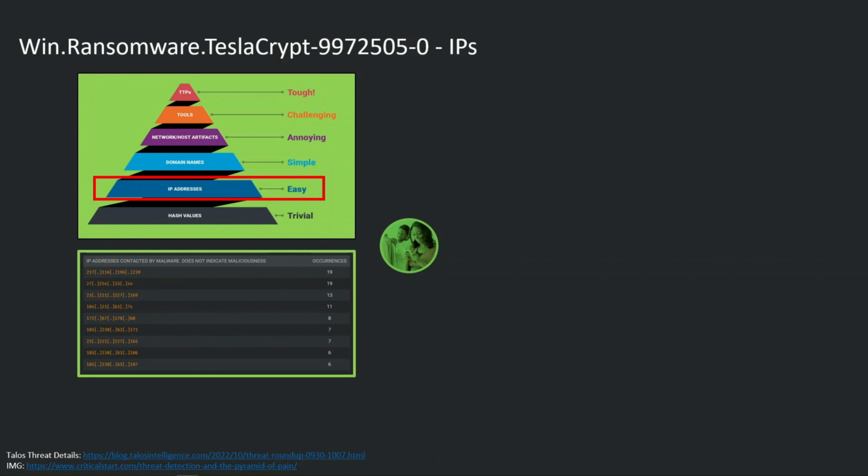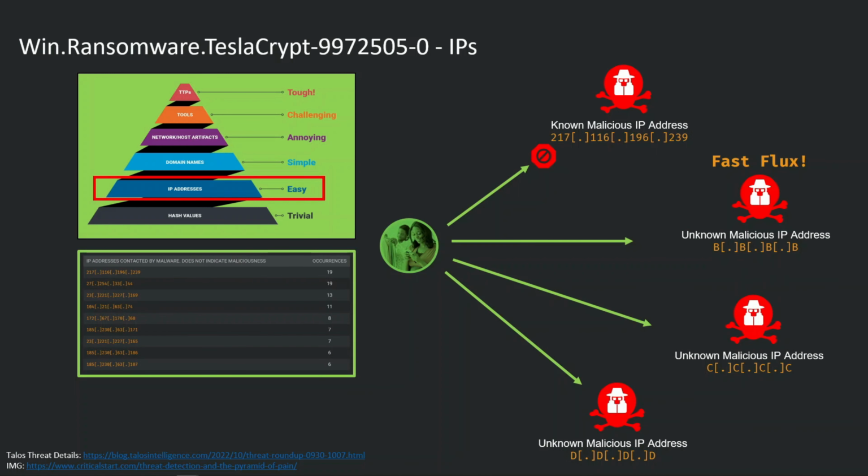Now let's look at IP addresses. We've got a list of IP addresses here. We can go ahead and feed that into our controls, whether that's through a dynamic feed that comes in or we're manually adding these into our controls. The bottom line is that known malicious IP address, blocked, done. Adversary uses something like fast flux that's fronted by a domain and a list of IP addresses that it continues to rotate through.